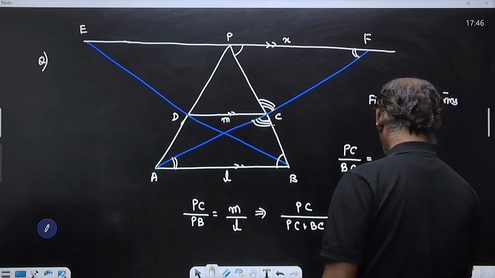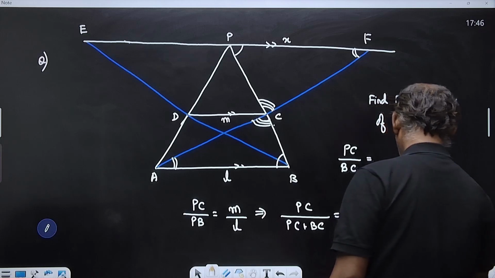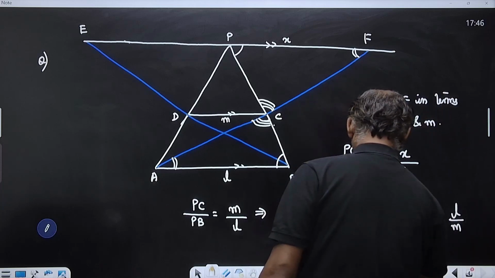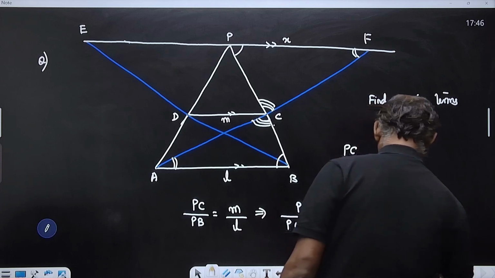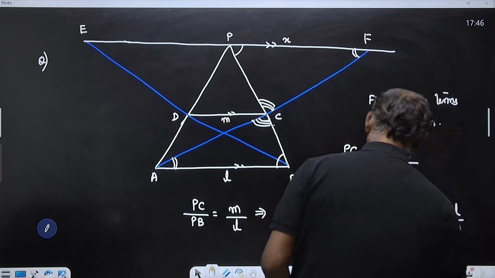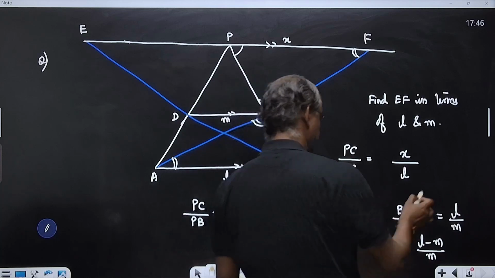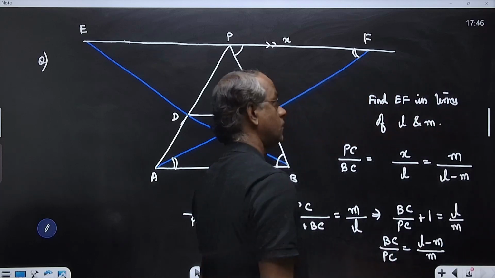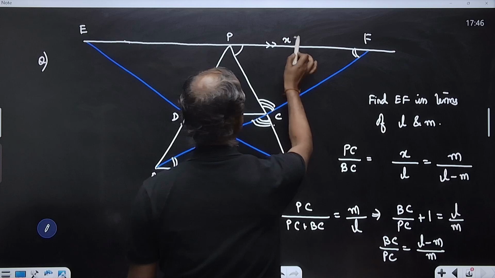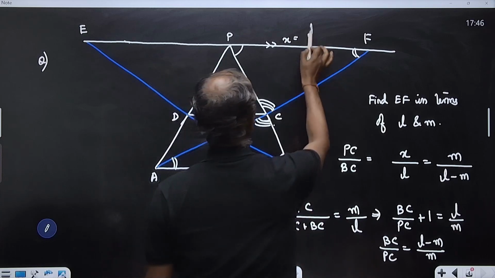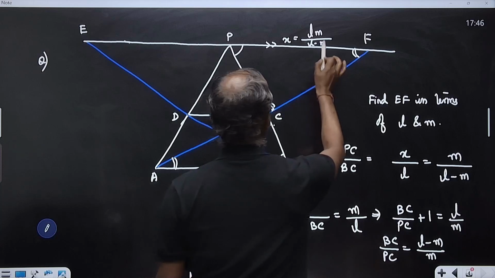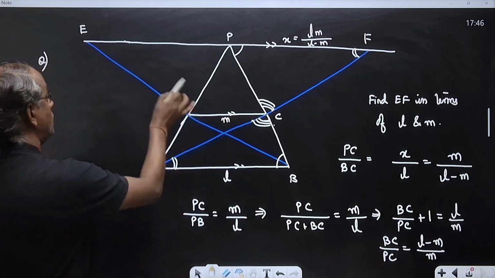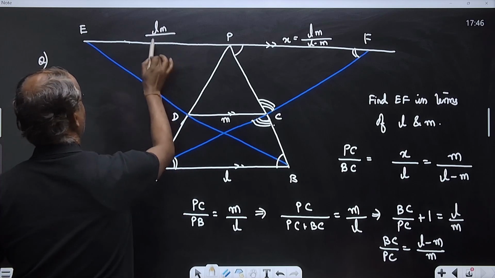So, you can say BC upon PC plus 1 is L upon M, so PC upon BC is M upon L minus M. So you can write x as LM upon L minus M. And very simply you can say this is going to be the same here also. So this is also going to be LM upon L minus M.